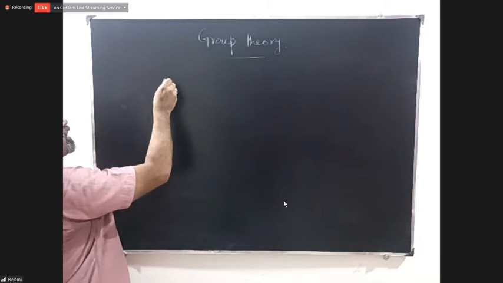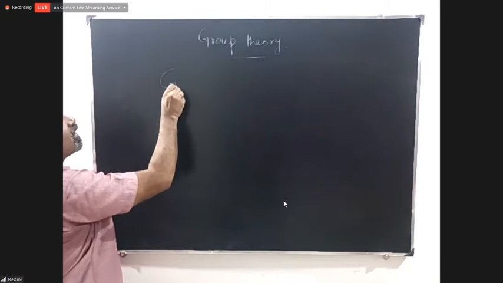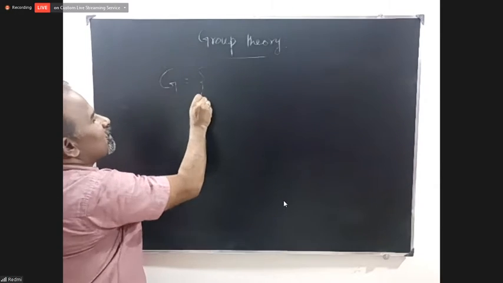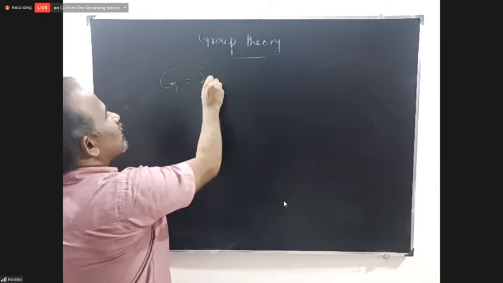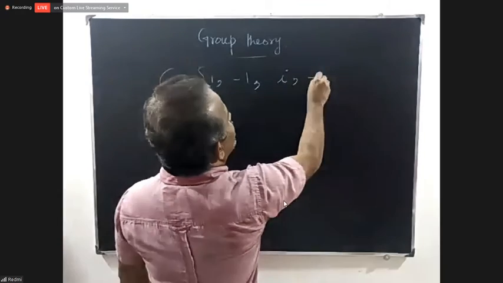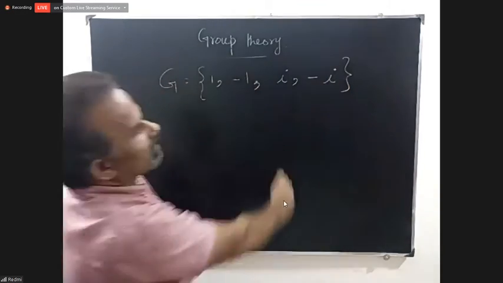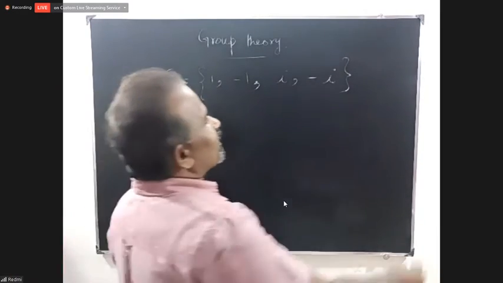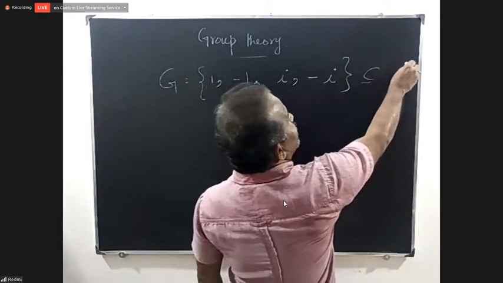Next, let us consider another example. This is a most important example. So this is the set 1, minus 1, i, minus i. This is a subset of the complex numbers.